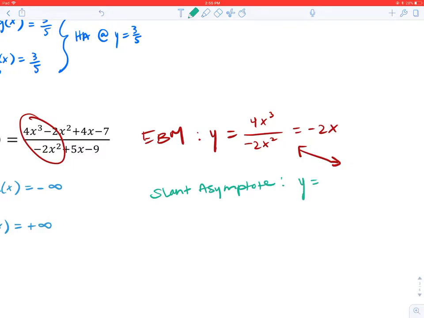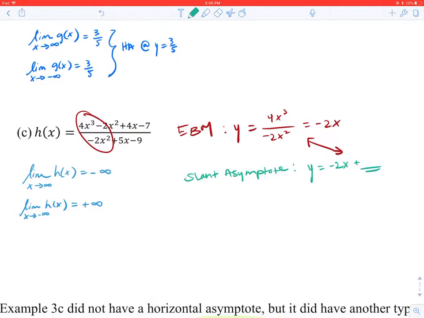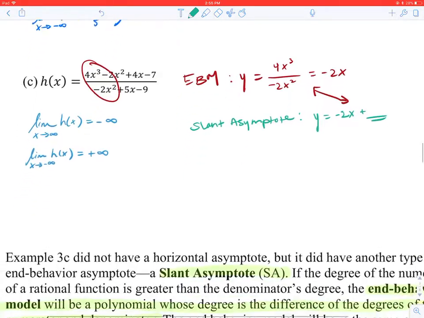And we know the first part of the equation of the slant asymptote. It's going to be y equals negative 2x. We just don't know what the y-intercept is yet. But if you think back to pre-calc, you can determine what that y-intercept is.